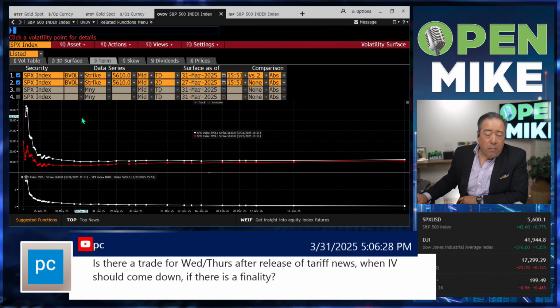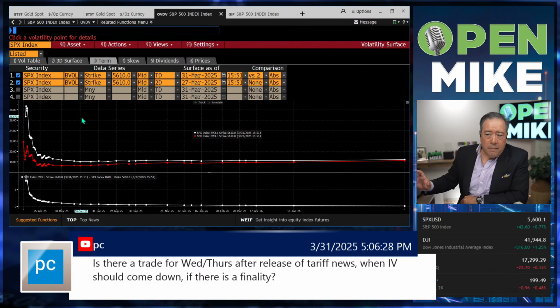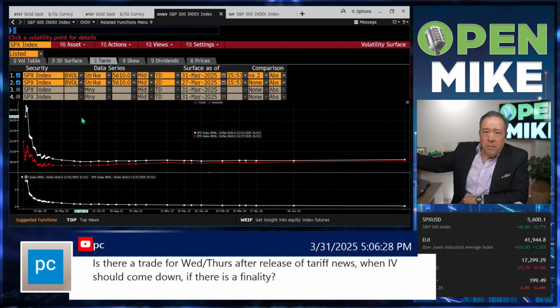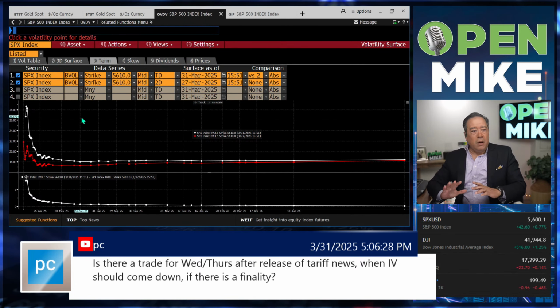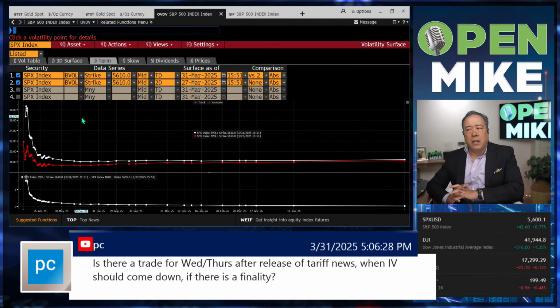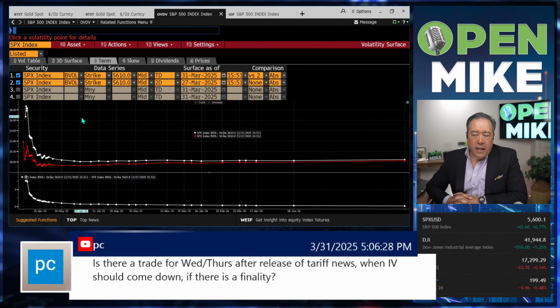And so from my perspective, there was always the possibility that they would meet somewhere in the middle. Maybe they'd say, we impose 10 and we'll take it down to 7.5 and we'd meet them at 7.5, which would be vastly different than the 25% that's been proposed. And I think the market would rip if we got news like that. But it doesn't seem like Europe is budging very much. That's a little bit troubling.